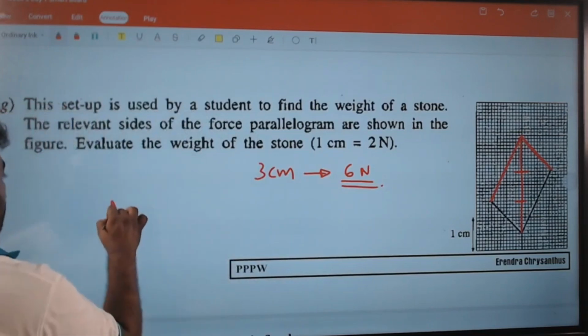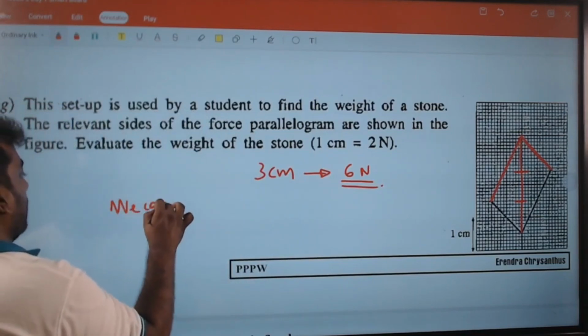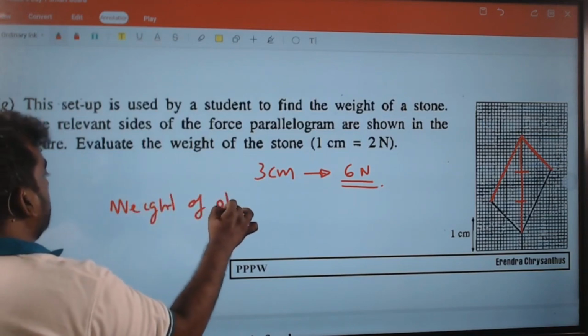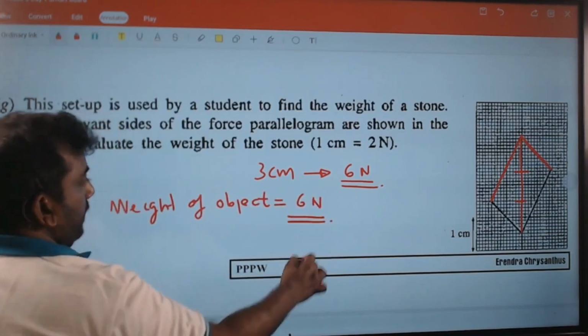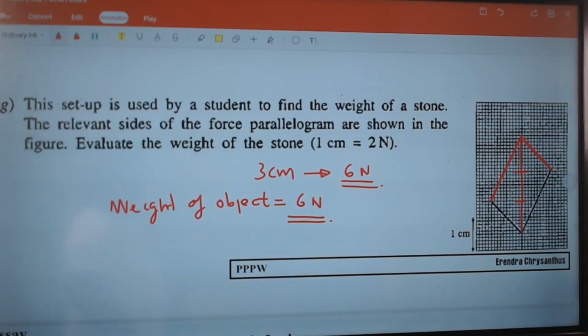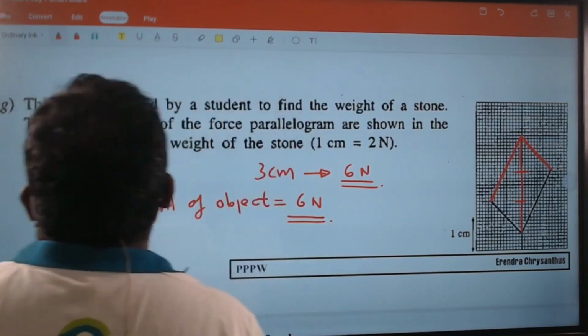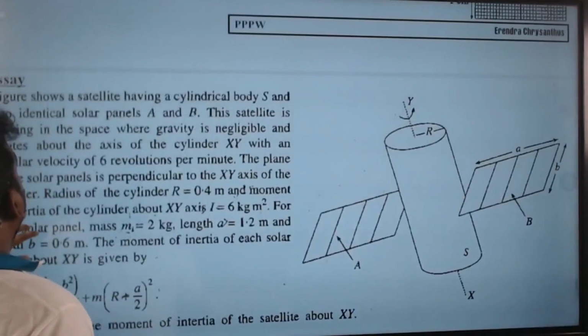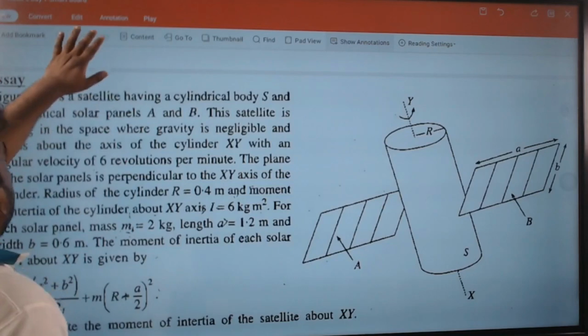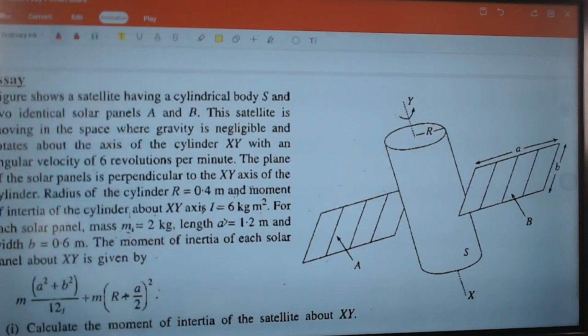So weight of object is 6 newtons. Okay? Right. Read the question carefully.